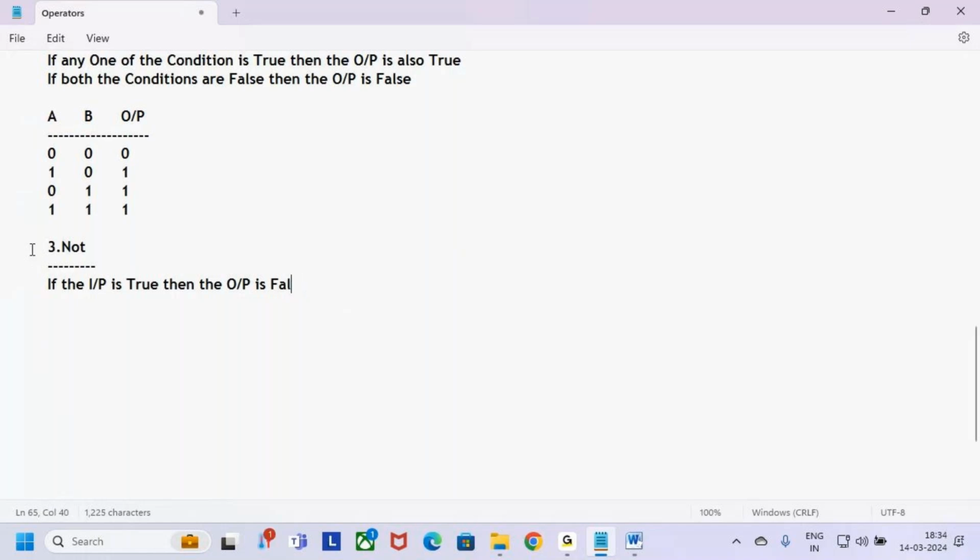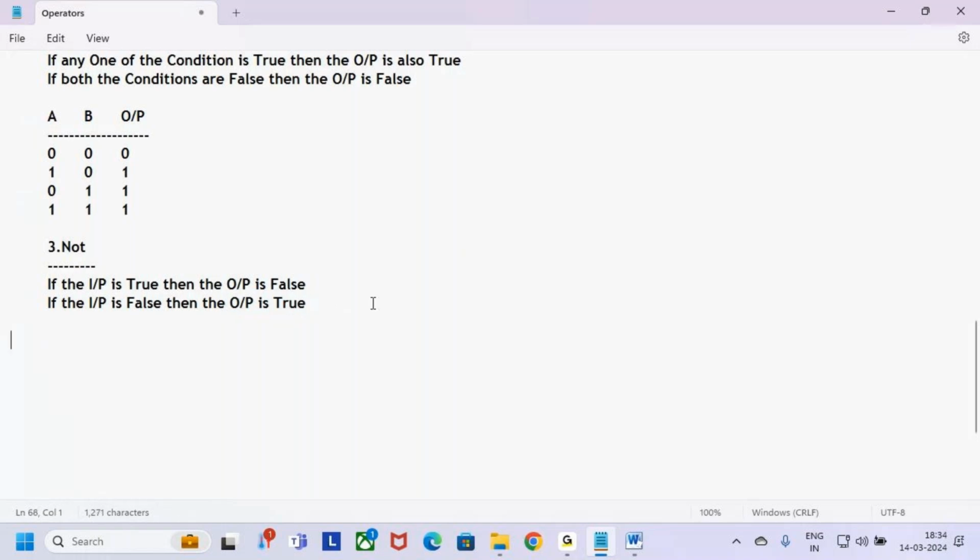Otherwise, if the input is false, then the output is true. Vice versa. If you pass the input as true, we'll get the output as false, or if you pass the input as false, you'll get the output as true.